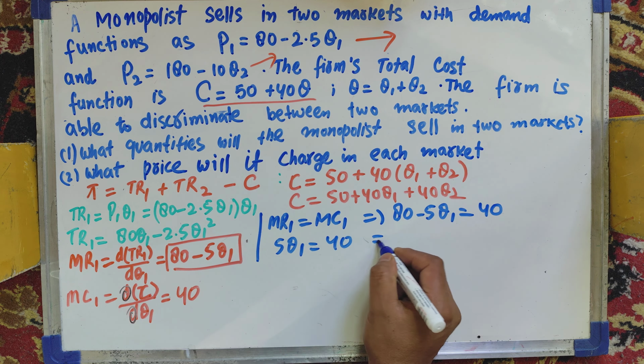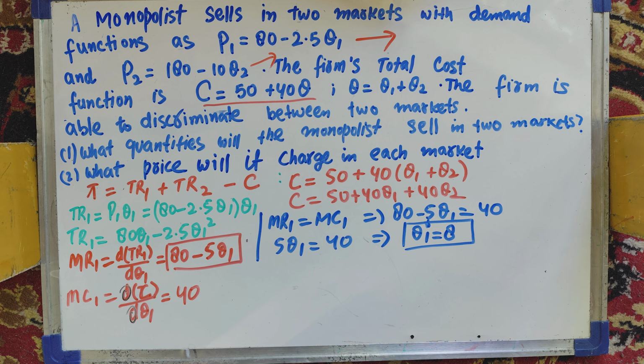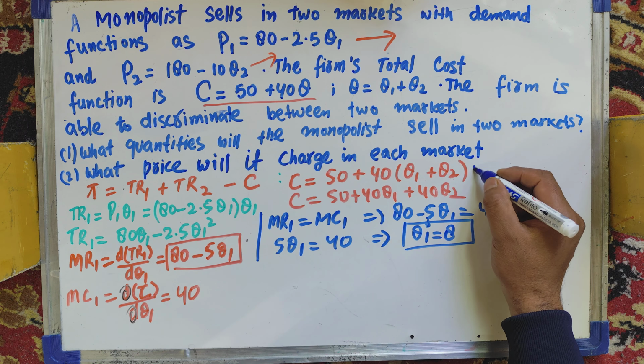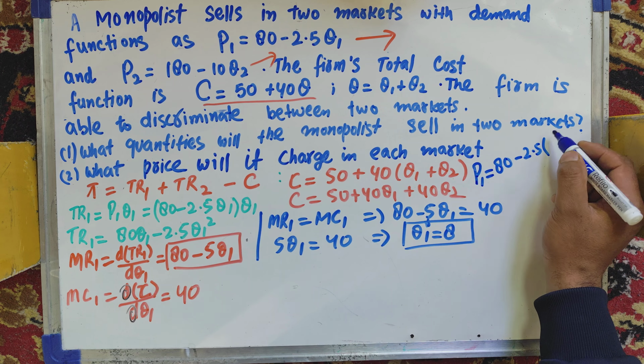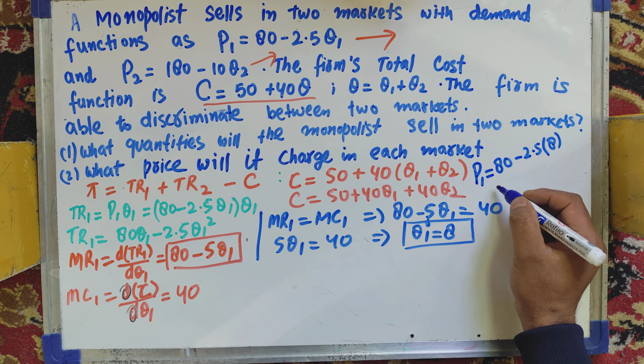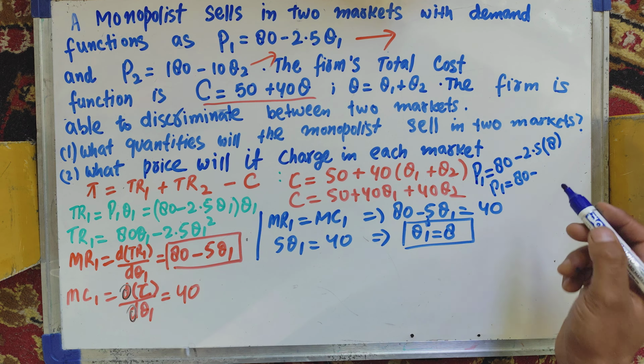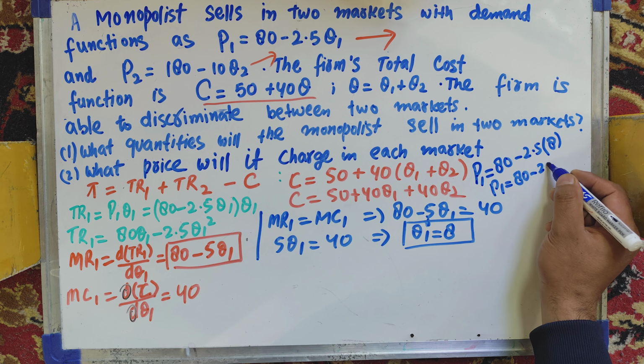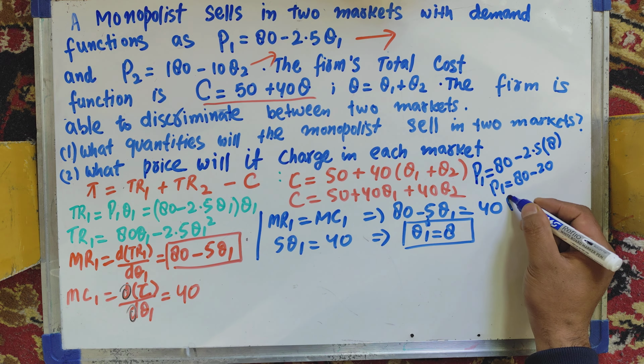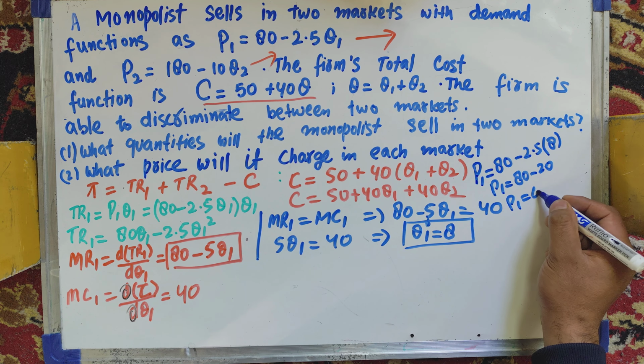That is the profit maximizing output in market 1. To find the price, P1 equals 80 minus 2.5 times Q1, which is 8. So P1 equals 80 minus 2.5 times 8, which is 20. Our price in market 1 will be 60.